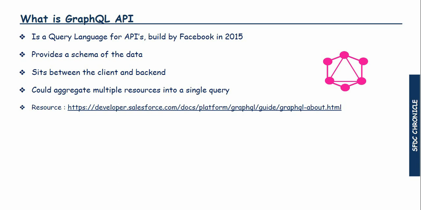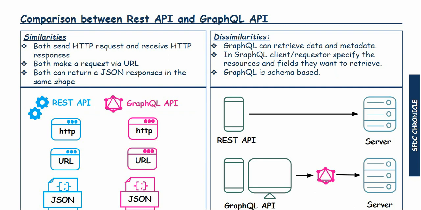When do we use REST API and when do we use GraphQL API? Let's check the similarities and dissimilarities. Both GraphQL and REST API use HTTP request and response.